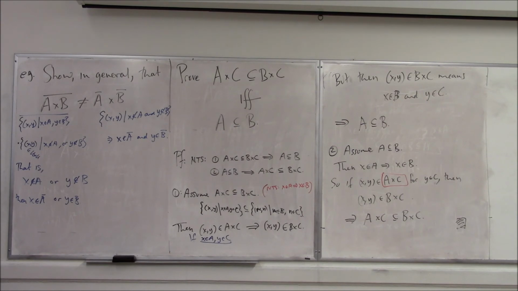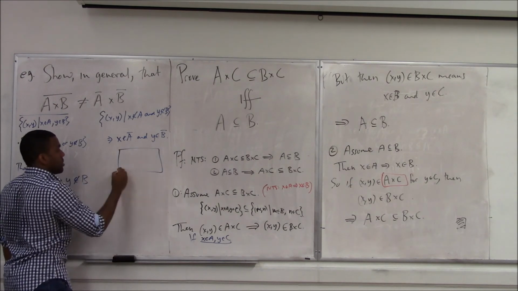Then we want to show that x being... So let's actually use a picture to help us out here. Let's say that's my A, that's my B. Where is this claim, with complements, where is it claiming that we live? It's everything but the intersection. I could be over here, or in here, or here. Where's this picture saying that we live?